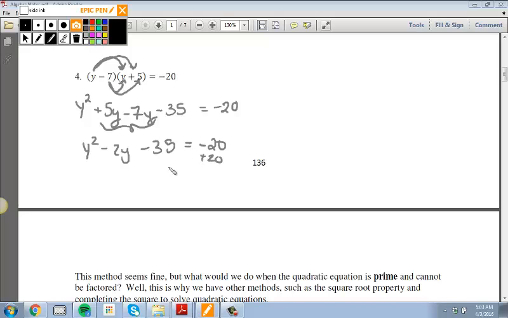Then add the 20 to set this equal to 0. So y squared minus 2y minus 15 is equal to 0. Then I factor this like I have done in some of the previous problems. So I end up with (y minus 5)(y plus 3) equals 0.